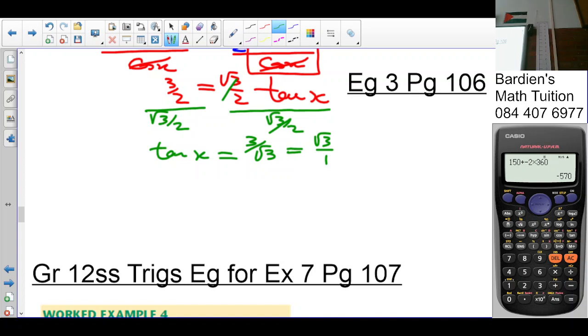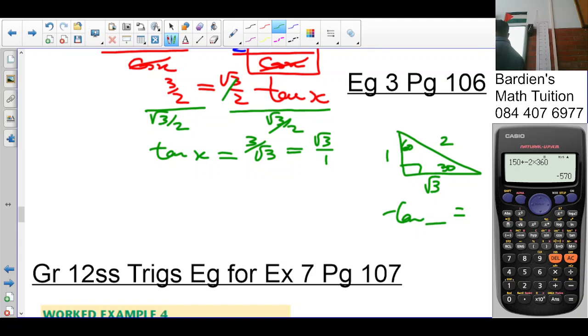Which triangle uses root 3? It is a 30 and 60 triangle, so that is 1, 2, root 3. So tan of what is going to give you root 3 over 1? Tan of 30 is 1 over root 3, whilst tan of 60 is root 3 over 1. So it's 60 degrees, and that is how I now know that my reference x is equal to 60 degrees. You all okay with that?